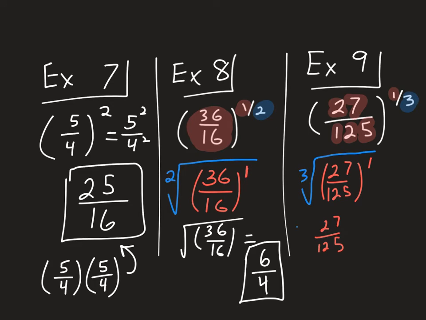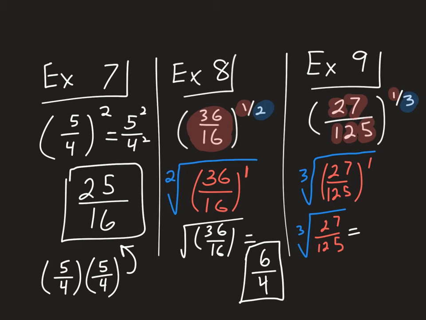And I'm going to be taking the cube root of everything. The cube root means I need to know what would I multiply by itself 3 times to get to that number. So when I'm asking myself, what is the cube root of 27, I'm really saying what times itself 3 times would get me there.